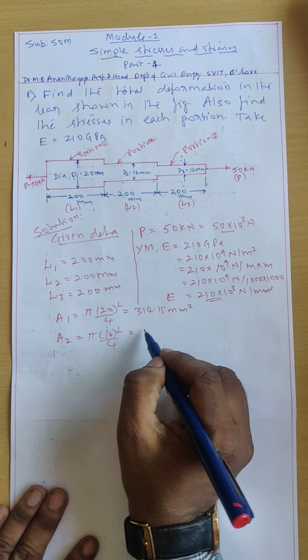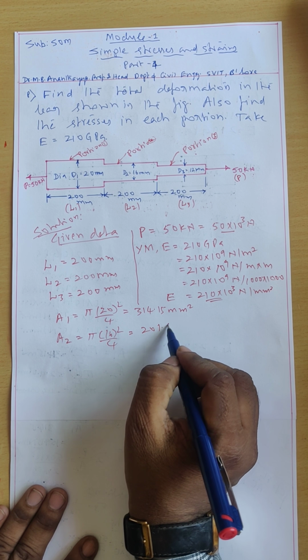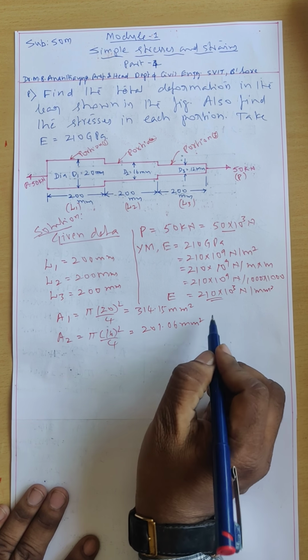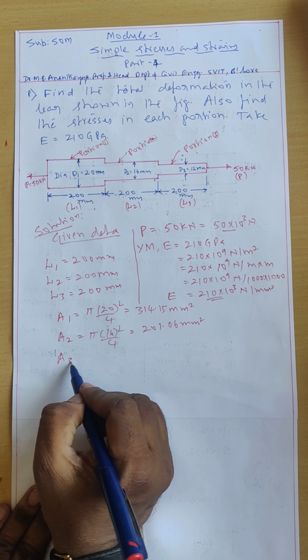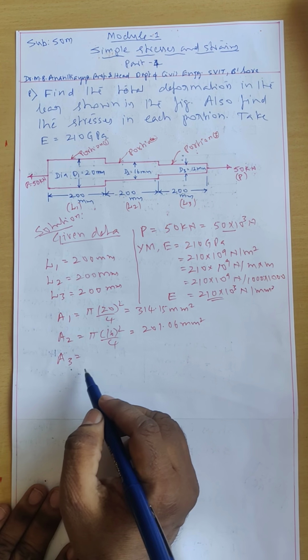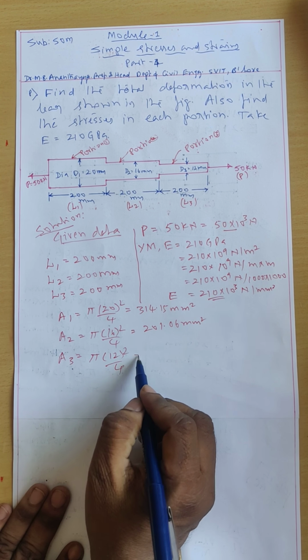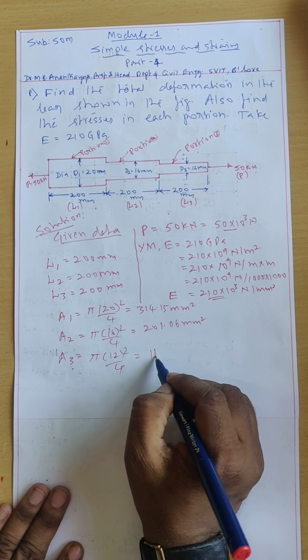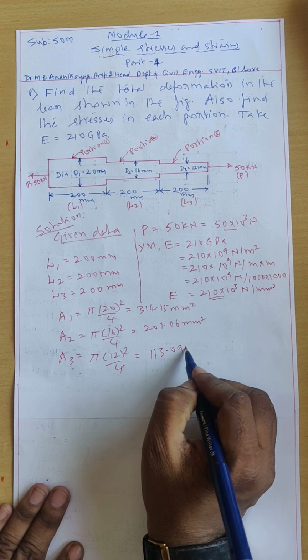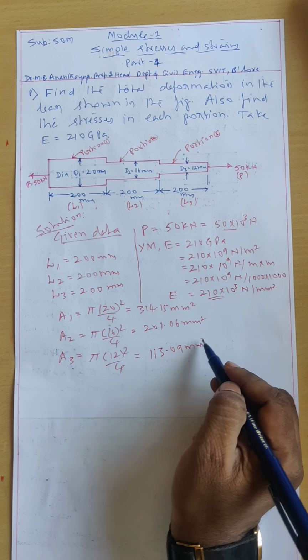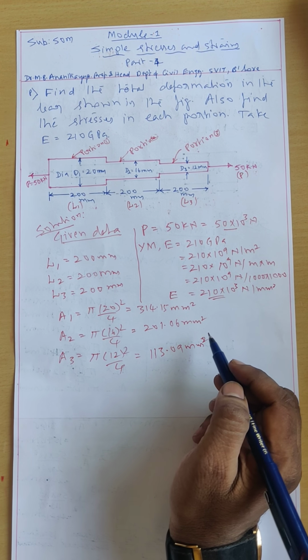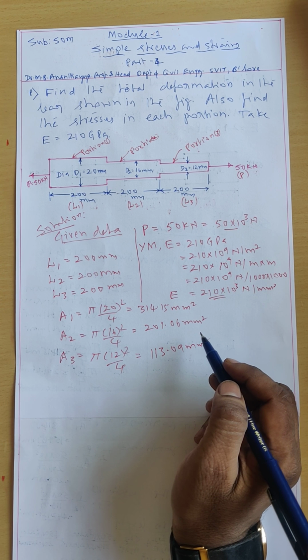It comes nearly 201.06 millimeter square. Similarly, we will calculate the area of portion 3. It is pi into 12 square by 4. It is 113.09 millimeter square.